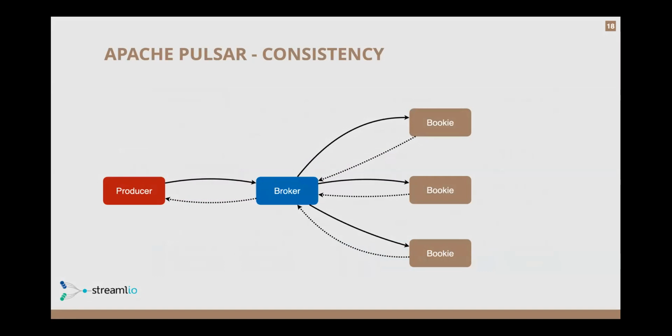In Pulsar, you can see those dark outbound arrows indicate that we write the data to all 3 selected bookies simultaneously, and we await the acknowledgement back from those bookies, all 3 of them, or at least the required quorum, which is configurable. Once we have those acknowledgements, we tell the producer we've received the message. So we eliminate or reduce the possibility of data loss in this scenario.